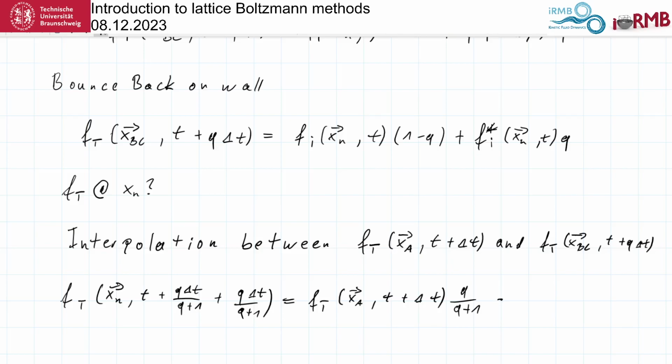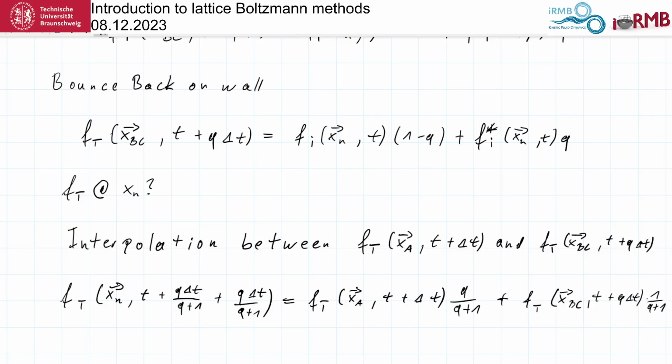Plus the thing at the boundary, xbc, t plus q delta t, times 1 over q plus 1.